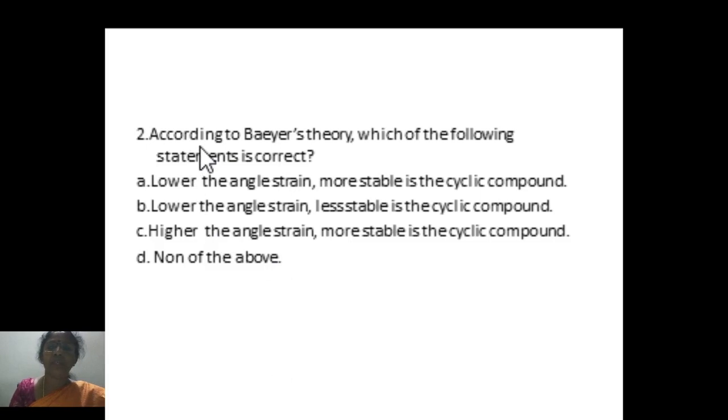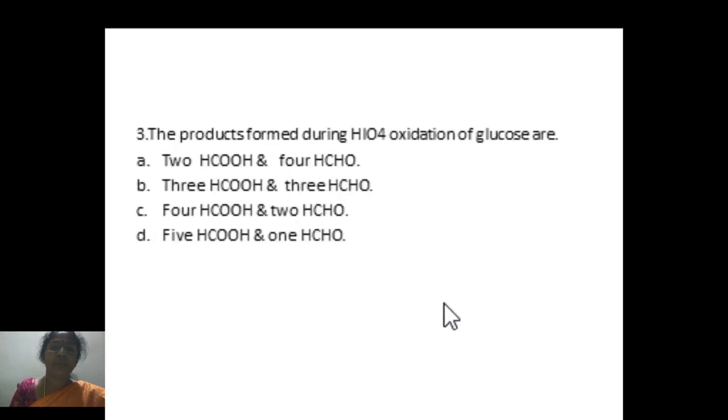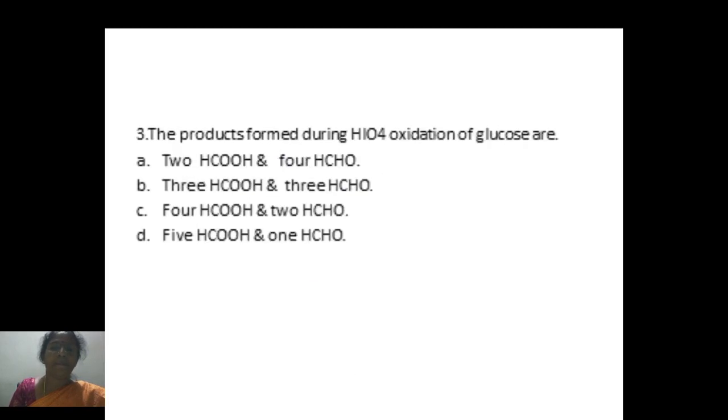According to Baeyer's theory, which of the following statements is correct? So, according to the theory, lower the angle strain, more stable will be the cyclic molecule. Next question. The products formed during periodic acid oxidation of glucose are 5 formic acid molecules and 1 formaldehyde.